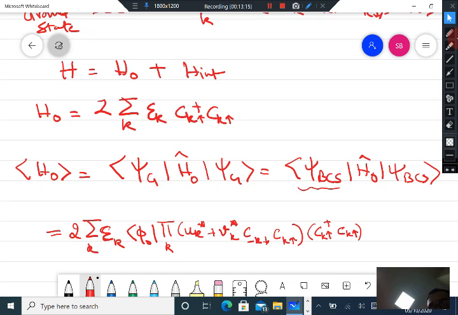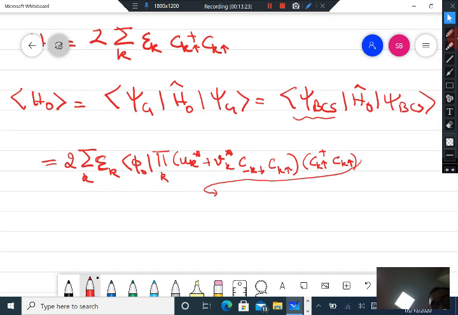Then again a product of uk plus vk, ck up dagger, c minus k down dagger.